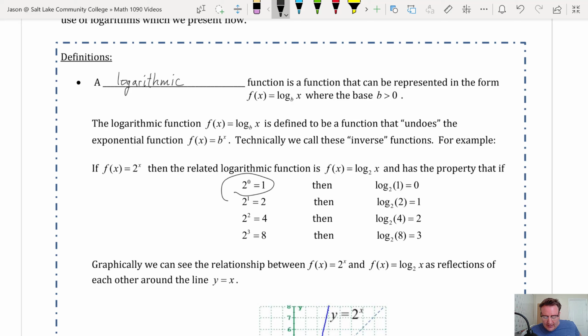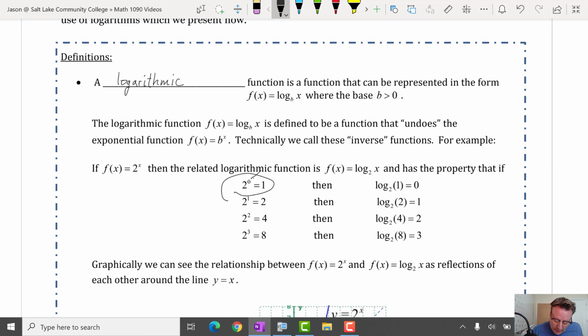Thus the inverse function has to create the opposite relationship. Here the input is 0 and the output is 1, so with logarithms the input will be 1 and the output will be 0. So 2 to the 0 equals 1 is equivalent to saying log base 2 of 1 equals 0.